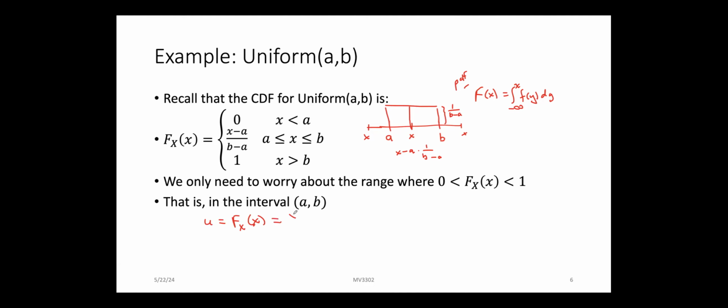And so if this is x minus a over b minus a, we take the b minus a over to the other side, and so we get x is equal to a plus b minus a times u. And that's our inverse function.